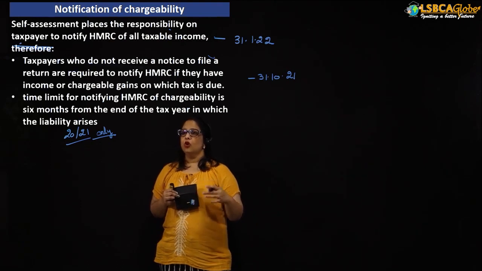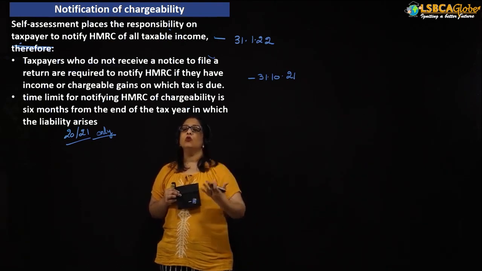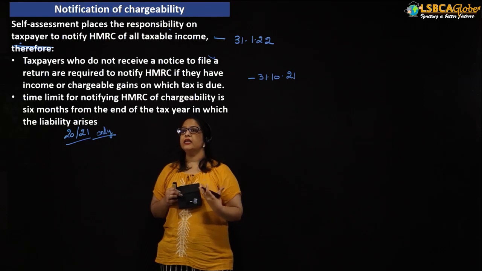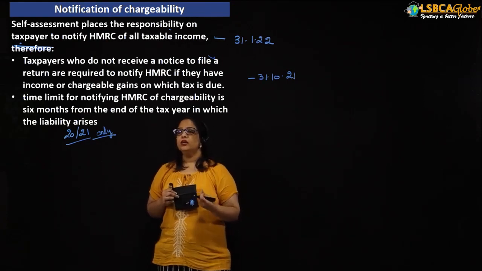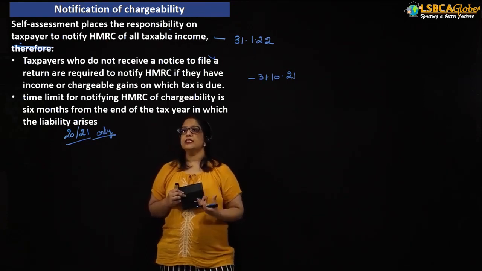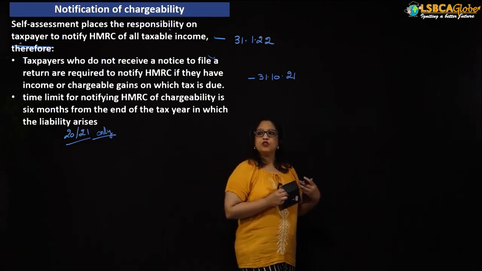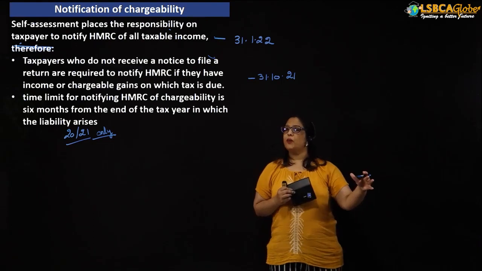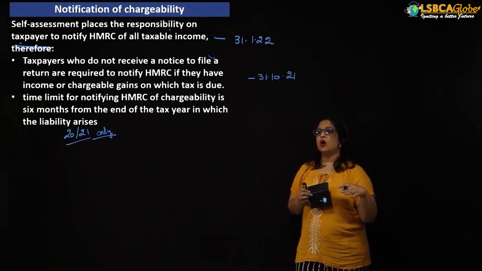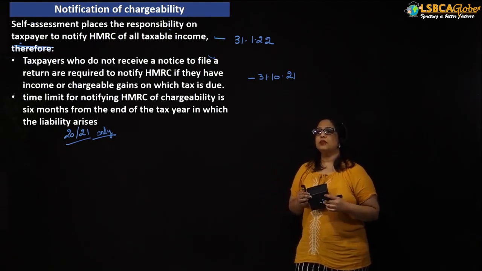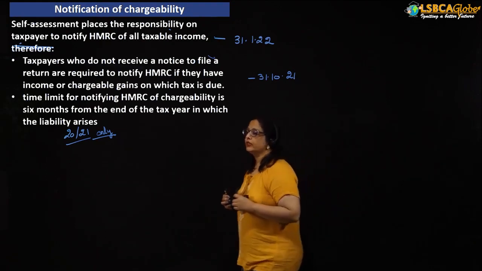Class, the person who has started earning now only, in 2021 itself, it's his responsibility to notify HMRC that look HMRC, I have started earning now and now I am also liable to tax. But class, listen one thing.